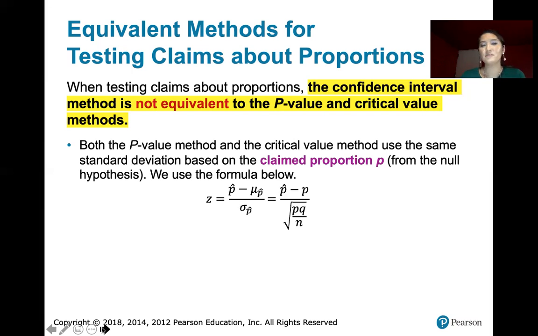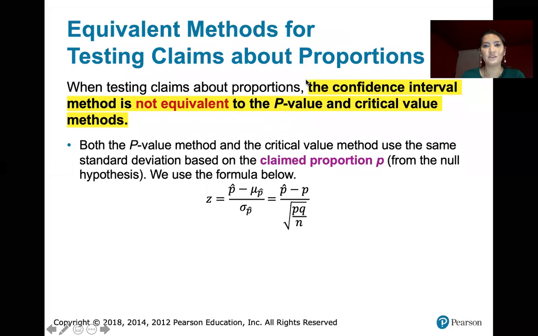So in both of those methods, we're coming up with a test statistic Z, and Z is the number of standard deviations that P hat is above the mean, given that the mean of P hat is equal to the population proportion, and that population proportion is the value assumed in our null hypothesis.